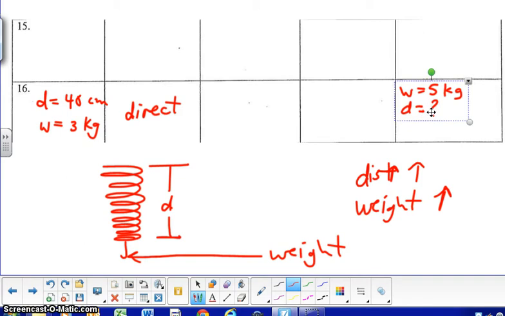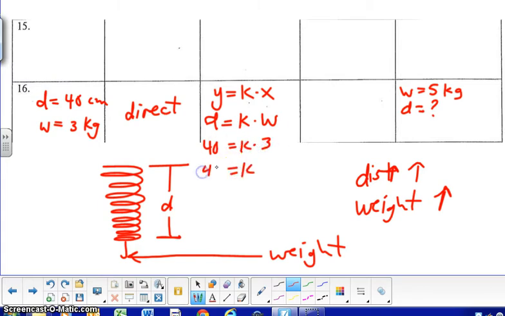All right, so let's find the equation of variation first. It's direct, so it's going to be y equals k times x. Now, this one, we don't have y and x, we have d and w. It says that the distance varies directly as the weight, so you would write it as you see it in the sentence. When I plug in information, 40 equals k times 3, so k is going to equal 40 over 3. We're just going to keep it in exact form.